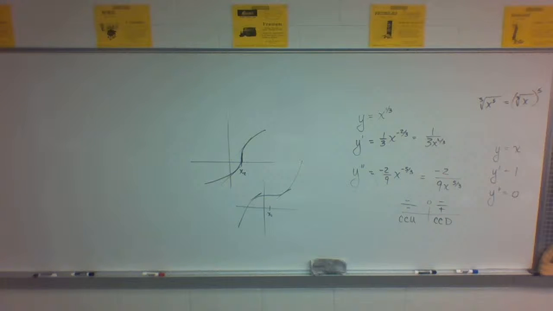Example 5 says this. A particle is moving along the x-axis with position function x of t. Notice that it is a cubed polynomial, which means that the second derivative will be a slanted line.